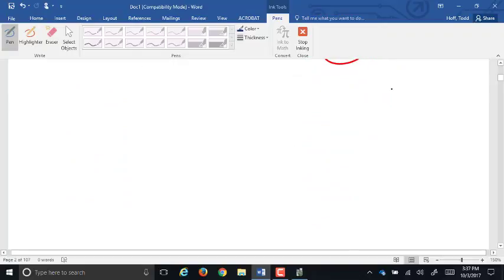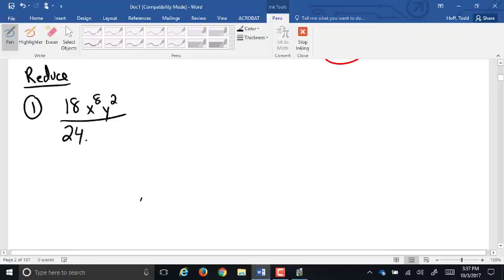So now I'm going to reach back a couple classes here and see what you remember. I want you to reduce 18 x to the 8th y squared over 24 x to the 5th y to the 5th.